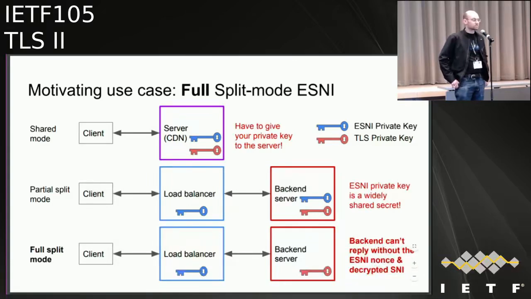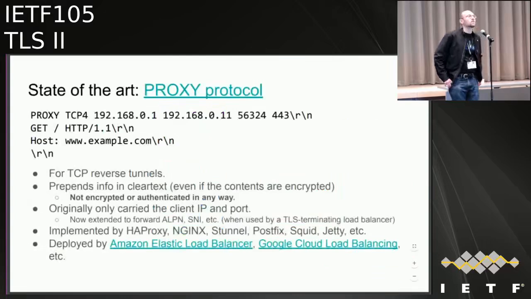Next slide. So this is not the only case where somebody has had a proxy in the middle of the connection and wants to send some information along with the connection to the backend. The major case where this is done already is in the proxy protocol, which is almost entirely used just to inform the backend of the true client IP address, which is no longer visible to the backend.